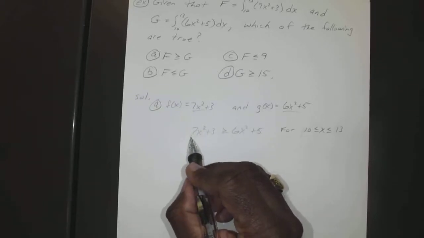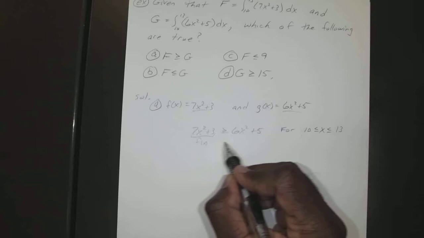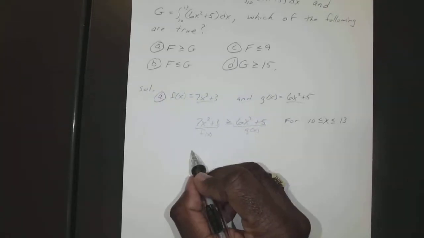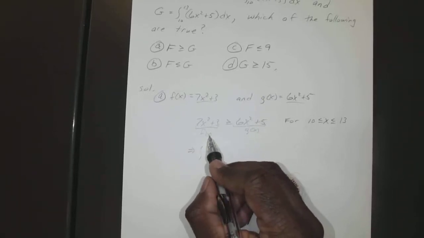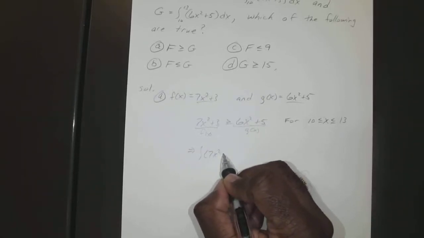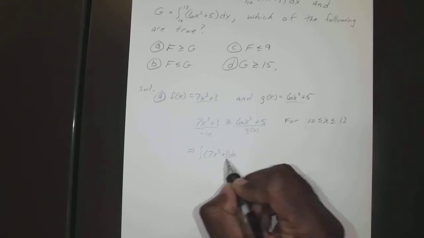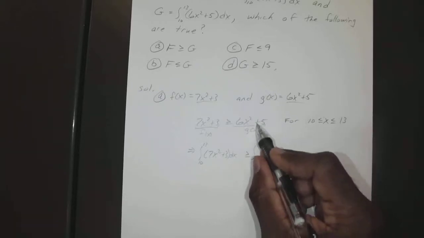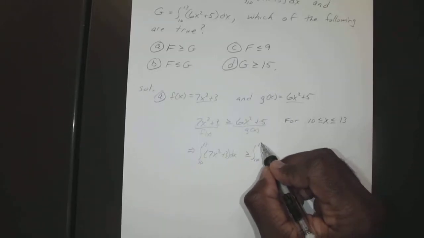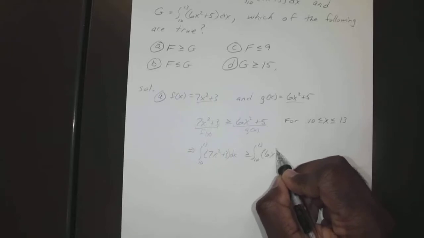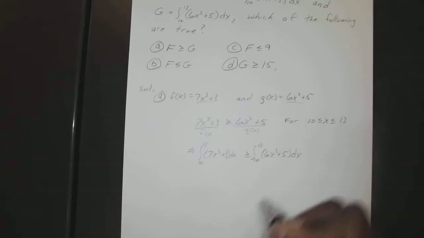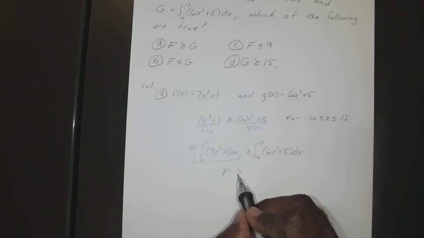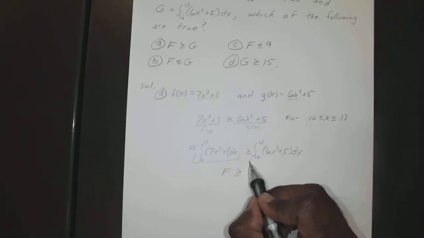So that means if your f of x is greater than or equal to your g of x, then we also know that the integral of f of x from 10 to 13 is greater than or equal to your integral of g of x. Or in other words, your f is greater than or equal to your g.